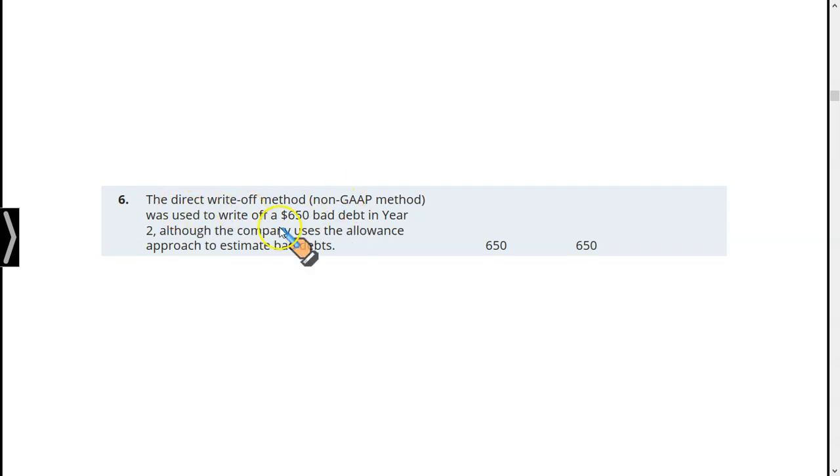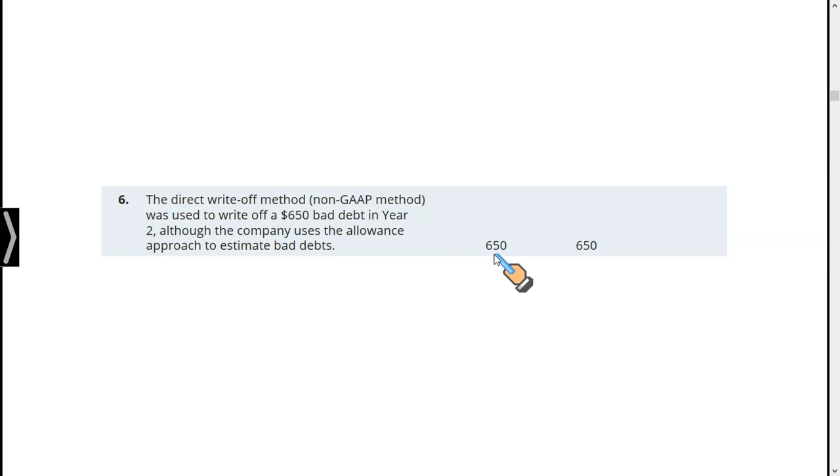It says that the direct method was used and $650 was written off in year 2, although the company uses the allowance approach to estimate bad debts. If we rectify this, because under US GAAP you do not charge bad debt directly to income, you need to increase your income. So bad debt expense should be reduced.